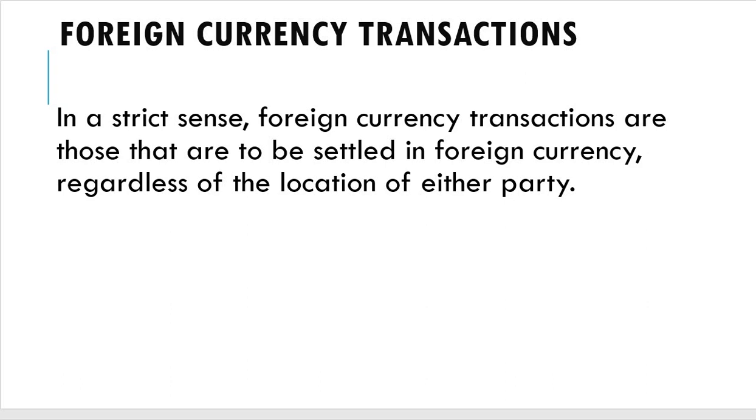Examples are purchases or sales of goods or services, imports or exports, the prices of which are denominated or stated in a foreign currency. Or loans payable or receivable, or debt transactions in a foreign currency.